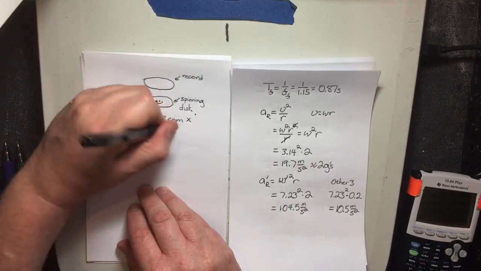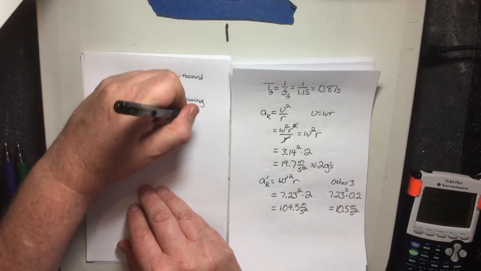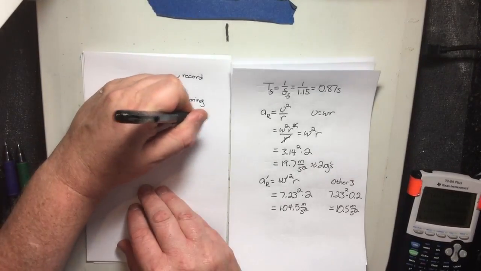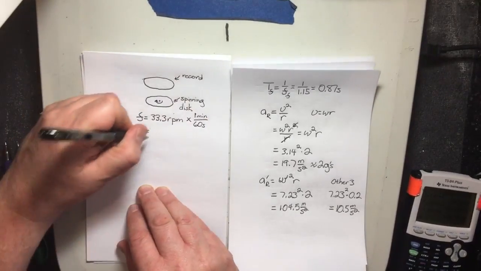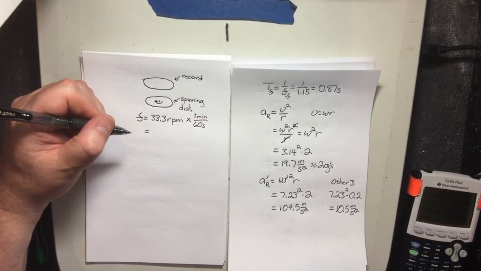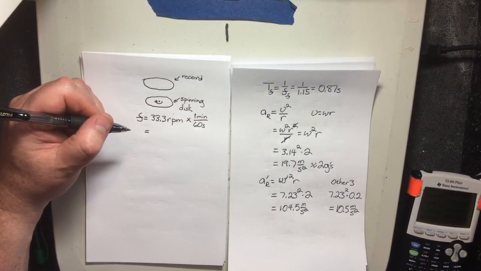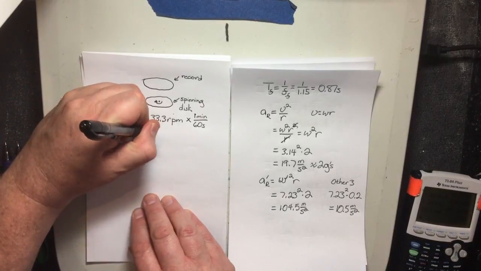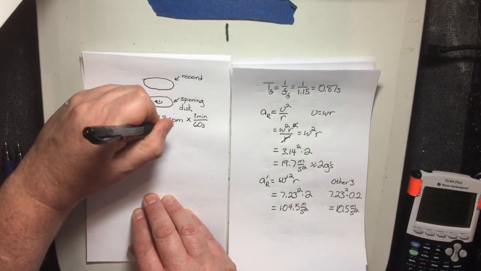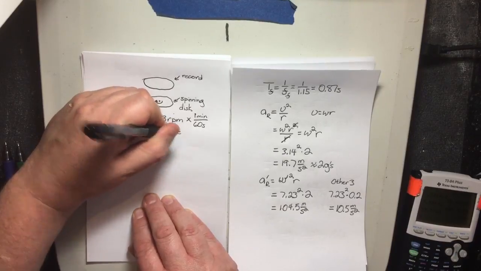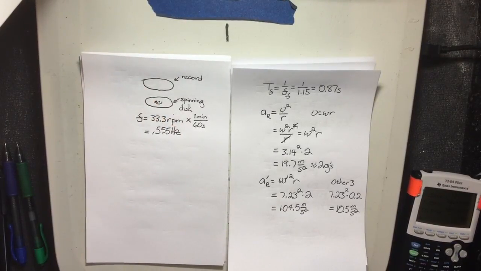Per minute, so 60 seconds, that 33.3 divided by 60 is 0.555 hertz. So the disc is spinning at 0.55 hertz, and you drop a record on top of it and they stick. So again, we have conservation of angular momentum.